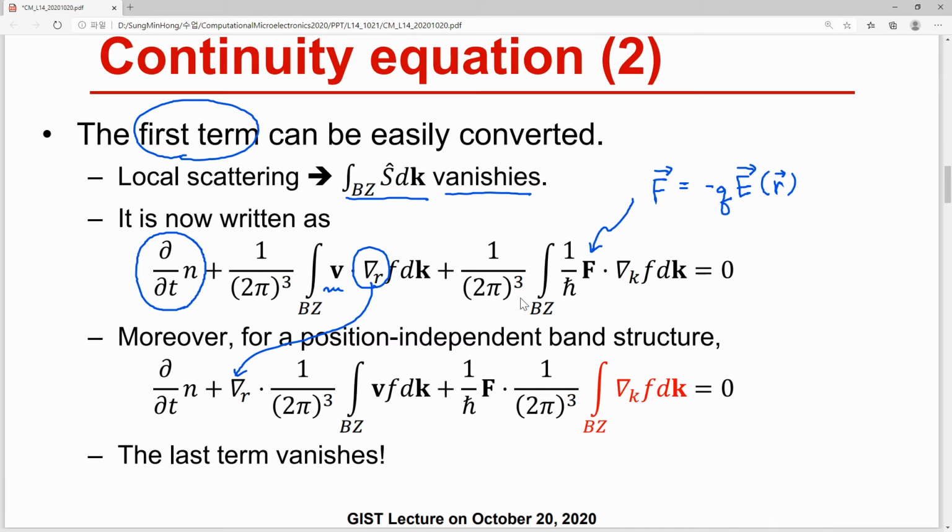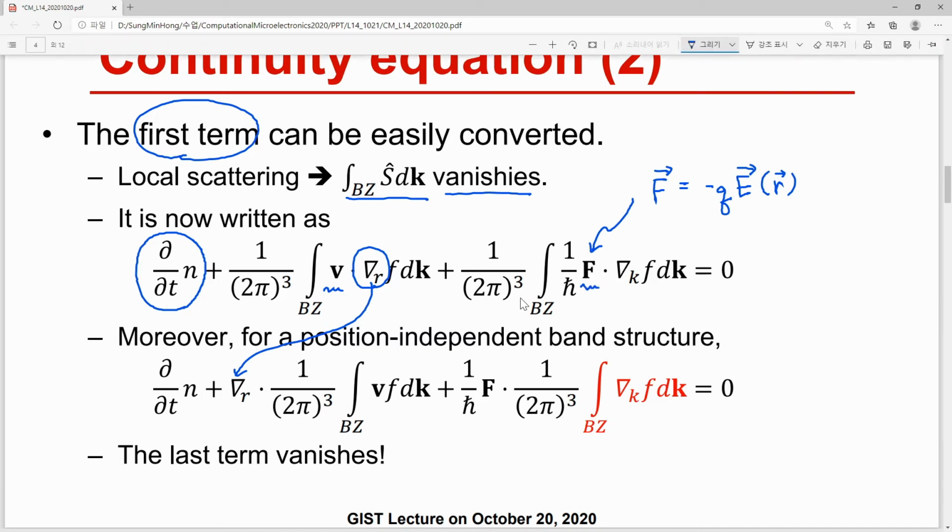That means that this first term can be safely pulled out from this momentum space integral once again. We have the first term outside of our integration, and the remaining thing is the integration of the gradient of f.